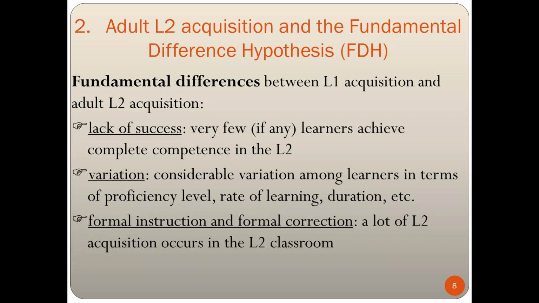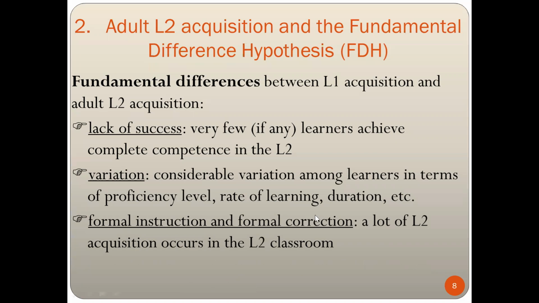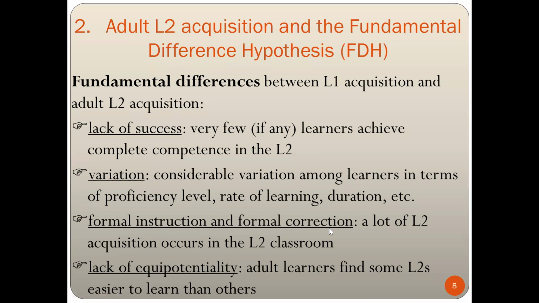Again, we find that formal instruction and formal correction take place a lot and help. And the other interesting finding is in relation to so-called equipotentiality. First languages are equipotential, or rather babies are equipotential to any language. This is not the case with second language acquisition.